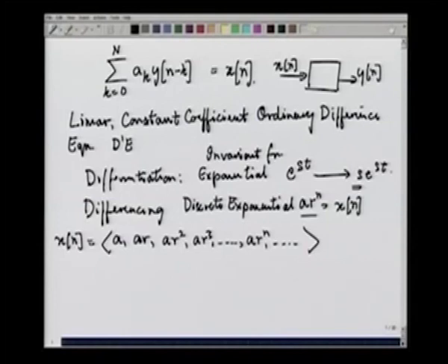This is what we would get, right. So, now let us look at x n plus 1. This would give us the sequence a r, a r squared, and so on. We would get a r to the power n plus 1, and so on endlessly.